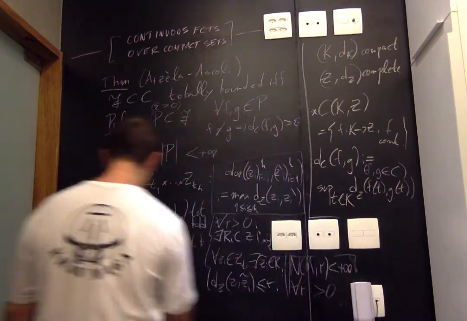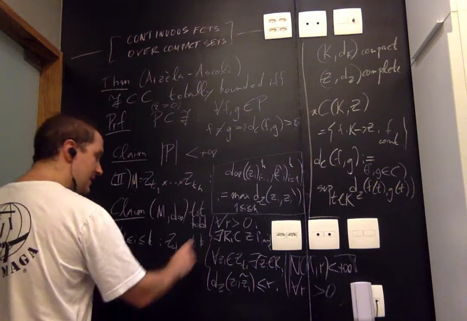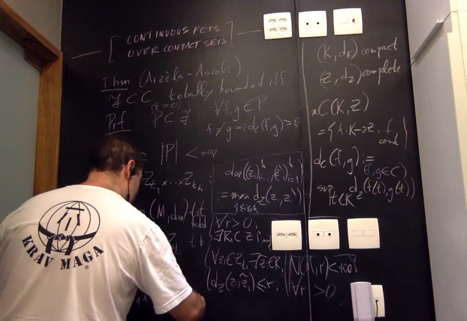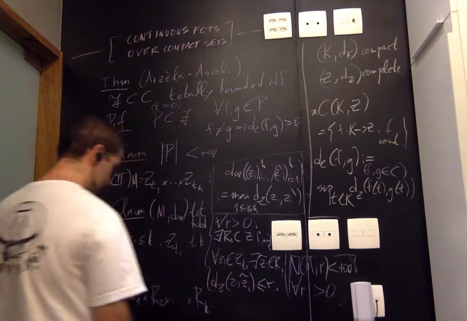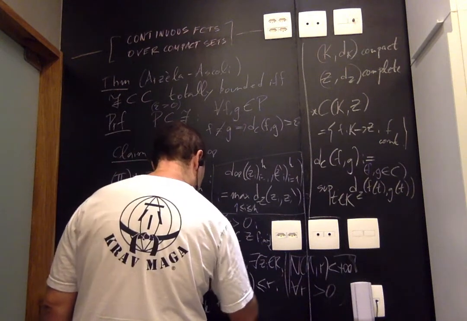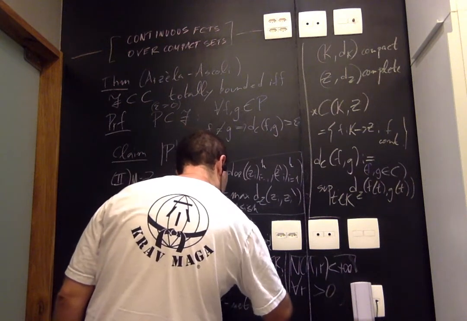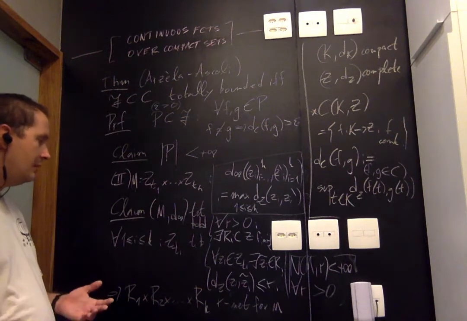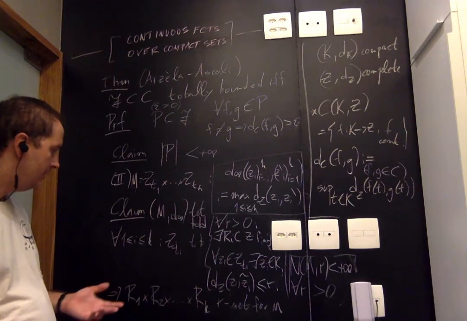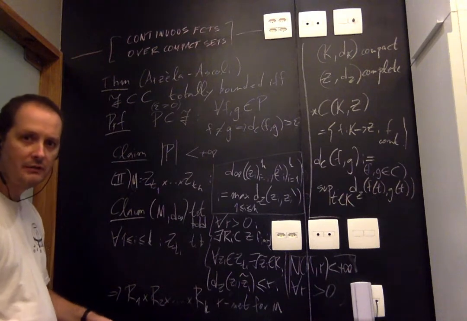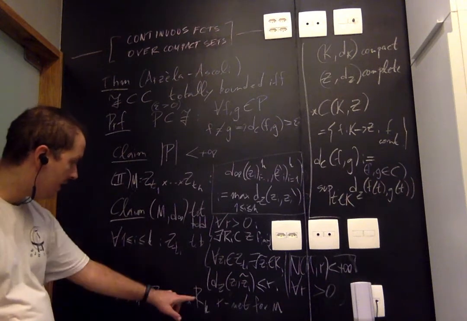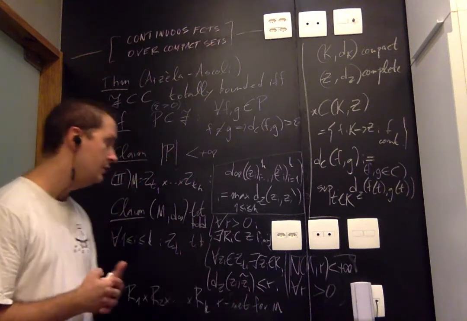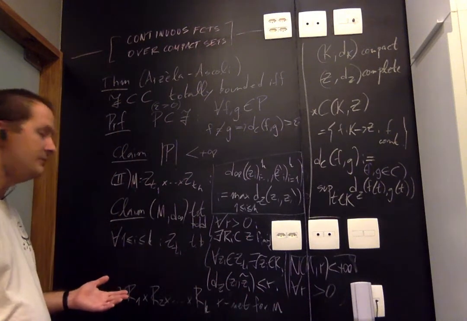And what I'm going to say is simply that if I take the net for ZT1, the net for ZT2, up to the net for ZTK, this is an R net for M. And how do I know that? Well, if this is true, then I'm done, right? Because I have finite sets, so the Cartesian product is also finite, and therefore I've managed to find an R net for M, where R is an arbitrary positive number.